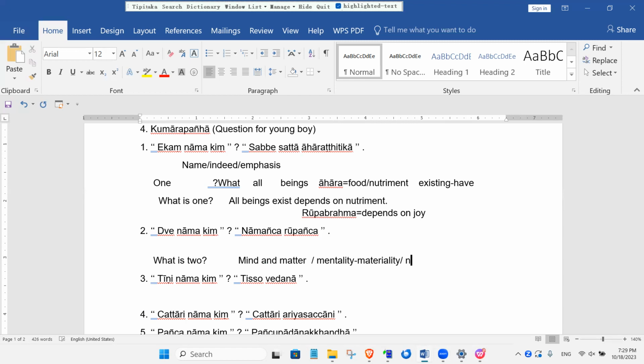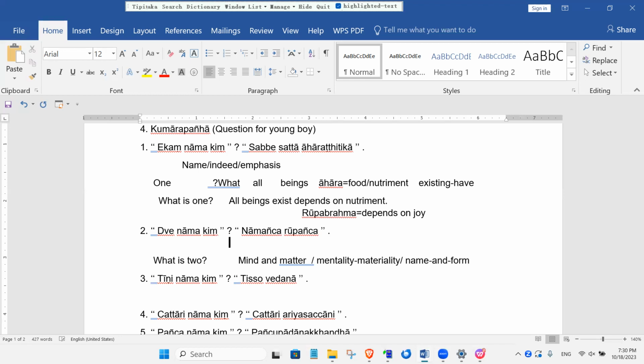Or sometimes nowadays they translate as name and form. But I think the best is mind and matter, or mentality and materiality.